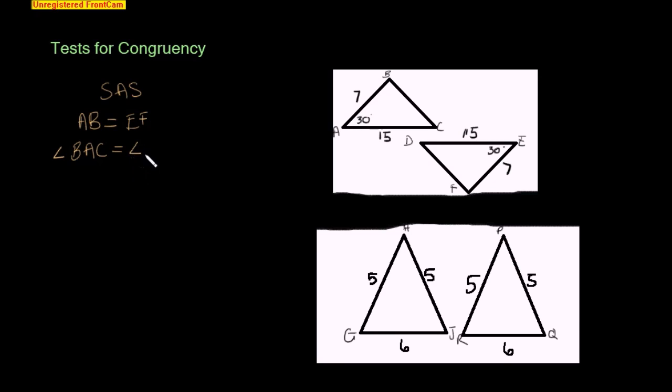We need one more side, so AC is equal to the length DE. So we've shown a side, an angle, and a side. So therefore, the triangle ABC is congruent to the triangle DEF.